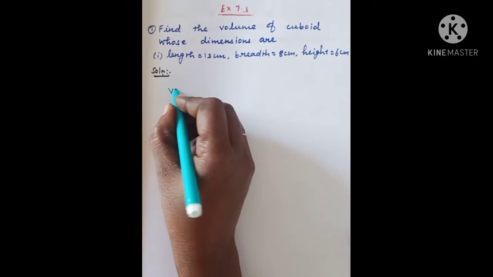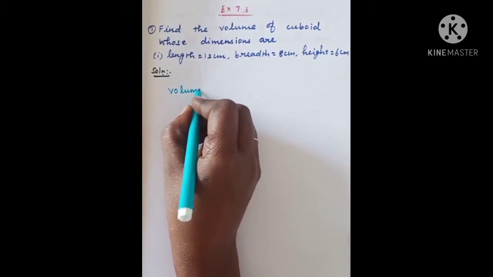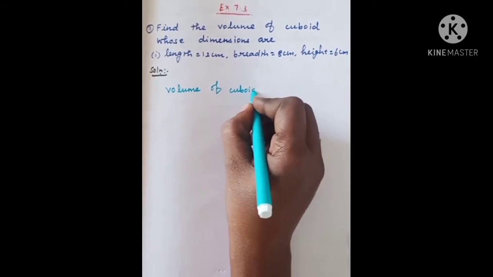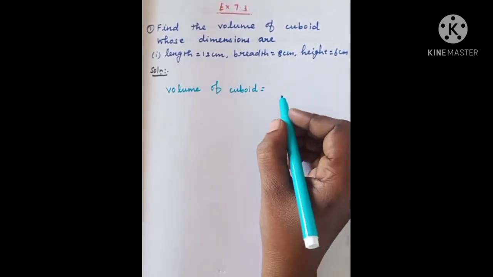Volume of cuboid. What is the formula to find the volume of cuboid?